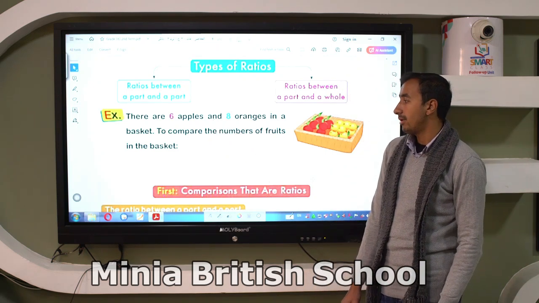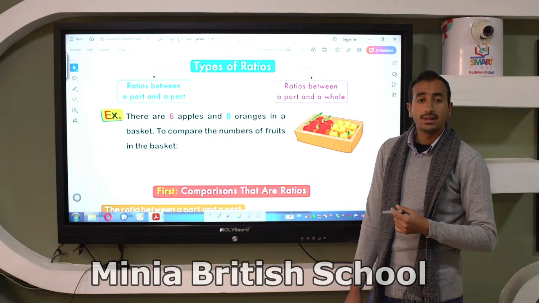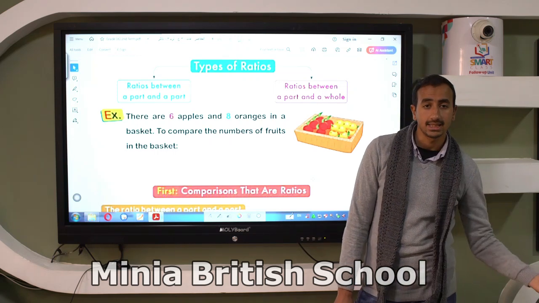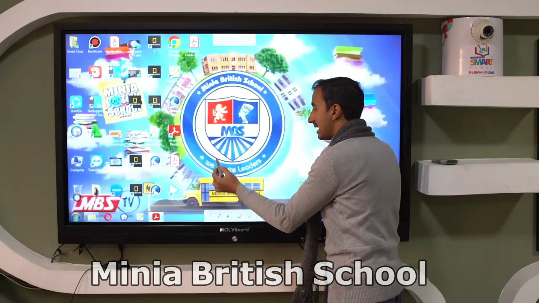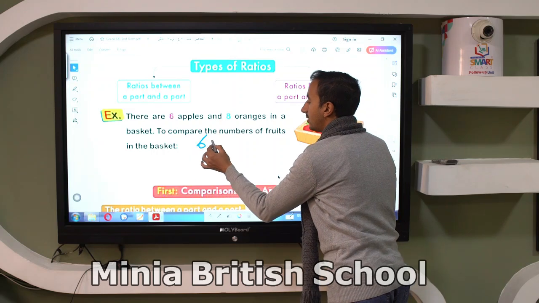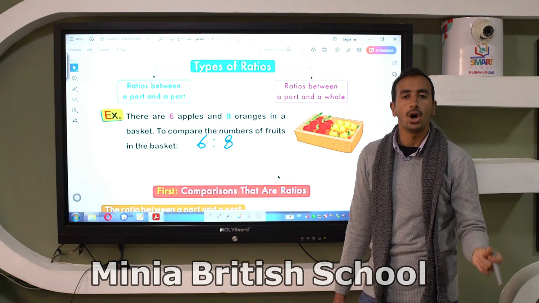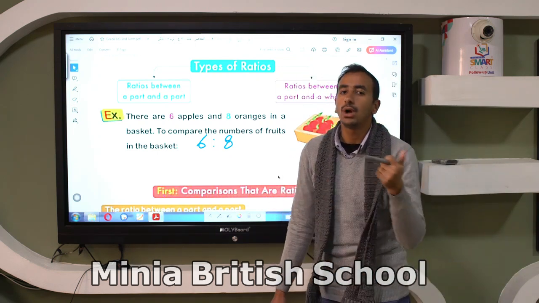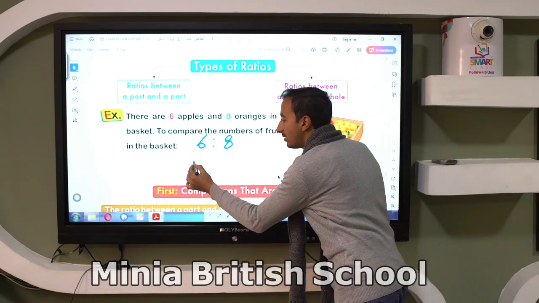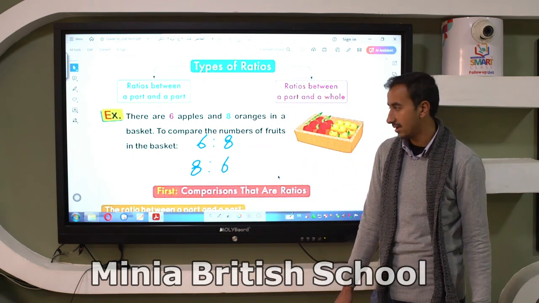To compare the number of fruits in the basket, I can write the ratio of apples to oranges as 6 to 8. But the ratio of oranges to apples is 8 to 6.